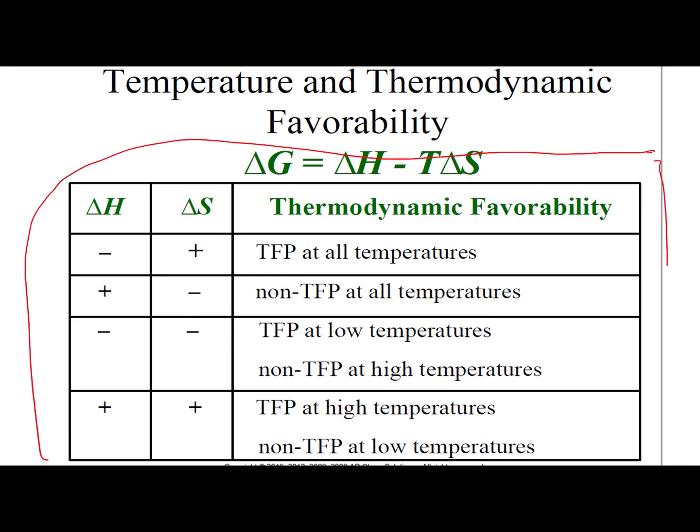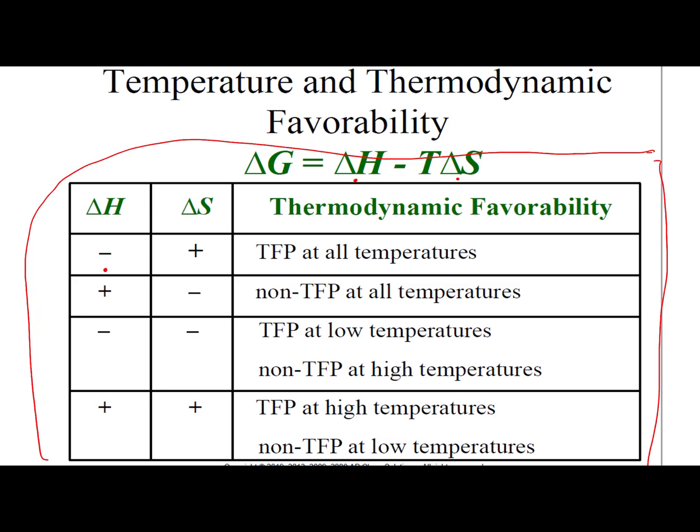College Board loves this chart. Thermodynamically favorable, you'll get a negative delta G if we have a negative delta H and a positive delta S. A negative delta H and positive delta S is thermodynamically favorable at all temperatures.